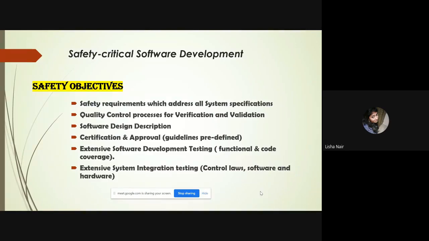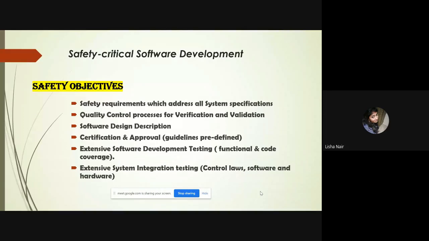But testing it and finding out whether the software is really meeting the system specifications and meeting the standards is done by extensive testing. So this is a very essential phase in a safety critical software development environment.